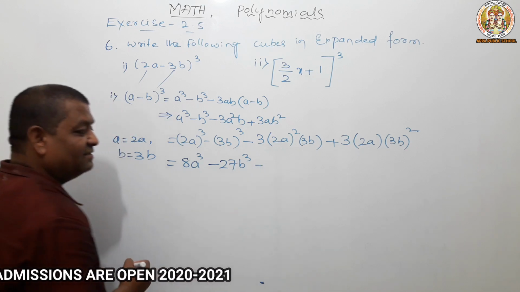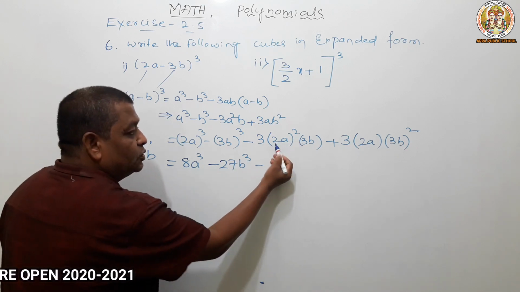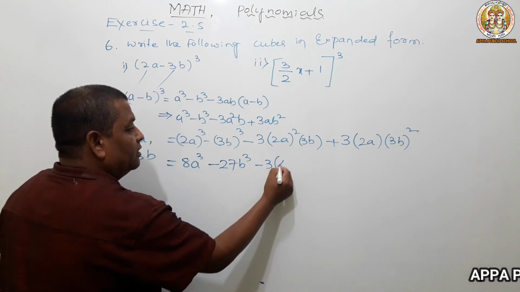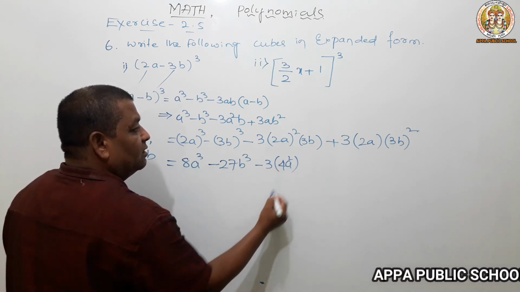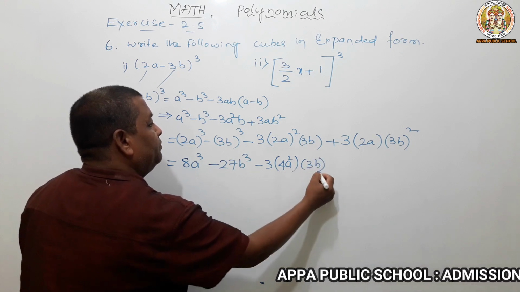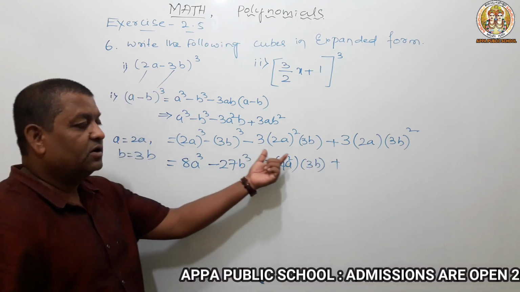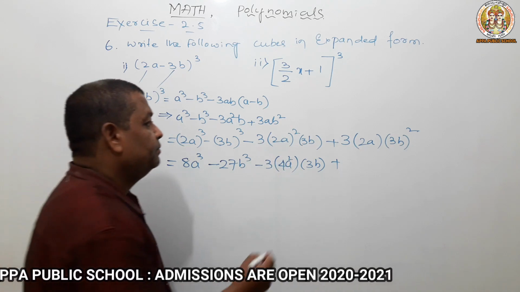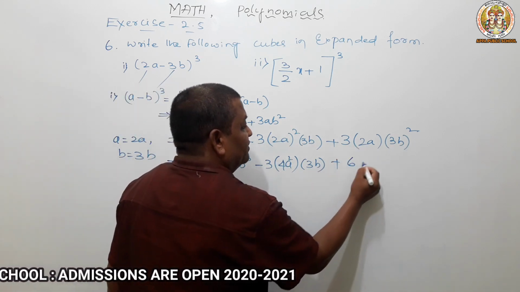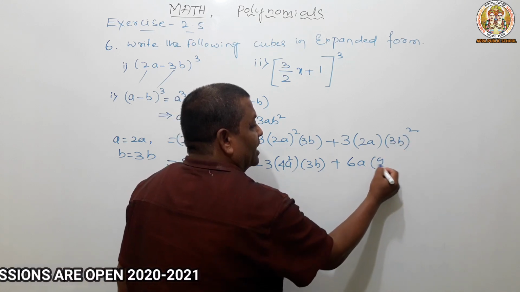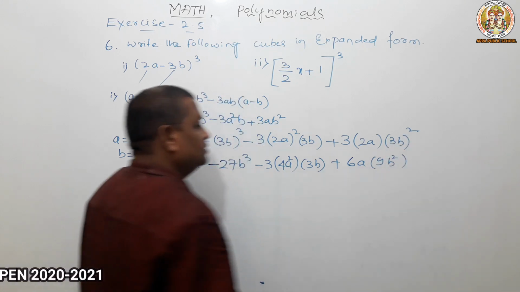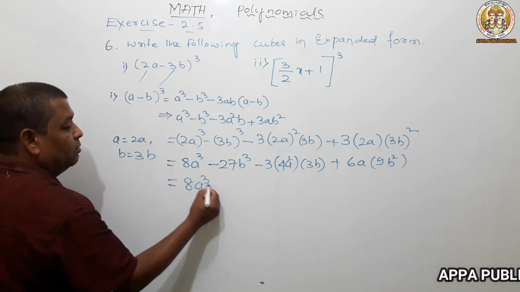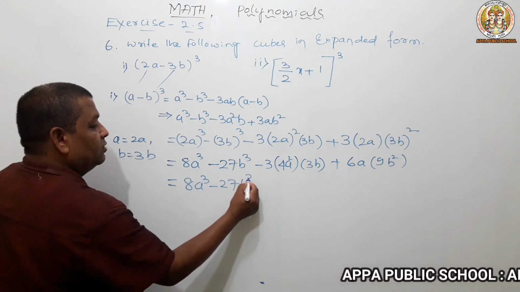Now minus as it is, 2 2s are 4, 4a square, go slowly, and 3b. If you are perfect to handle it in one step, you can, otherwise go slowly. Next 3 2s are 6a, 3 square is 9, b square. So finally the last line: 8a cube minus 27b cube.